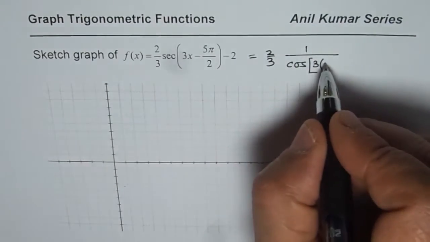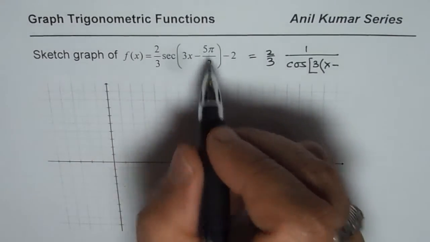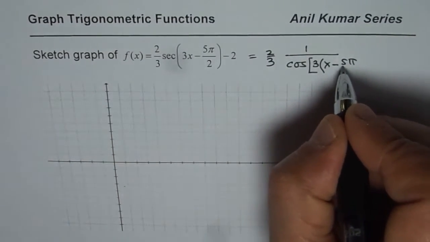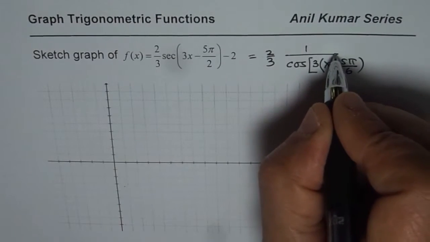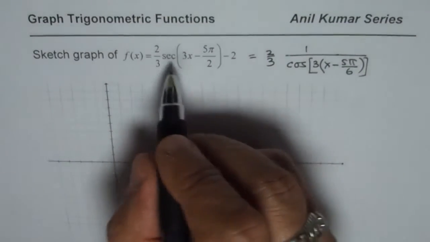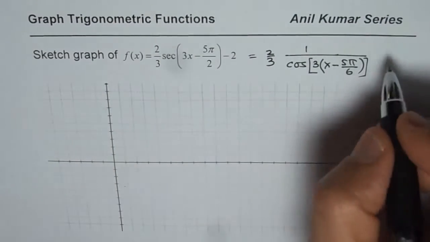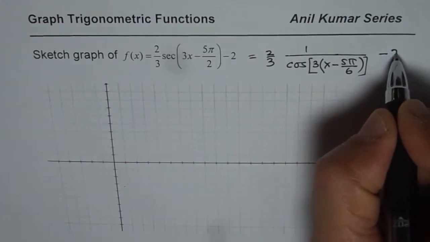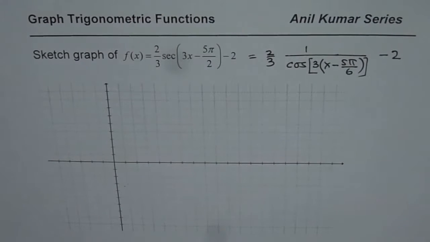So we get 3 times x minus 5 pi by 6. So that becomes secant of 3x minus 5 pi by 2, and then we have minus 2, the vertical translation, 2 units down. So that is how our function is.